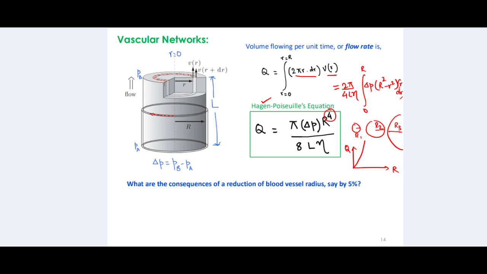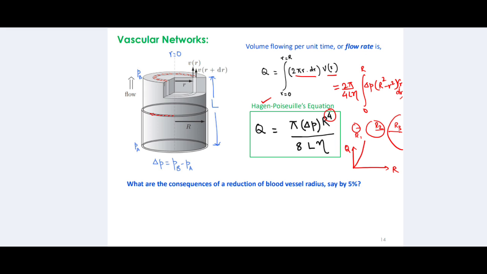So this is simply going to be something like 2 pi over 4 L eta, integrated from 0 to R. Delta P actually is a constant, R square minus r square times r dr. Running out of space. Do this integration. Okay?